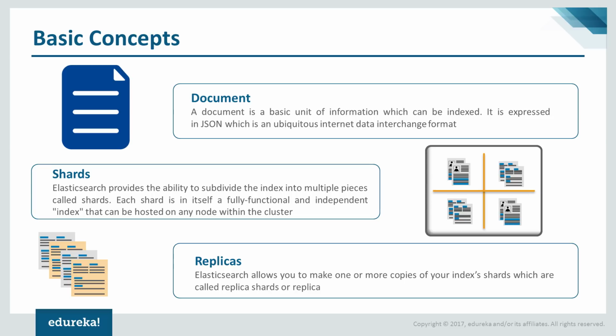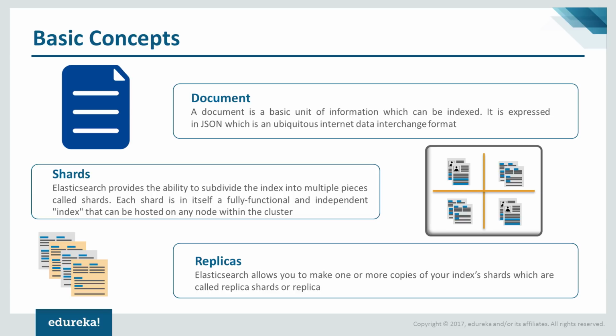These shards in themselves are fully functional and independent indexes that can be hosted on any node within the cluster. Generally these are distributed across nodes, and we also configure replicas of these shards. So if someday a node fails, you will always have a persistent copy of data available in your environment. Elasticsearch allows you to make one or more copies of the index shards, which are called replica shards or replicas.